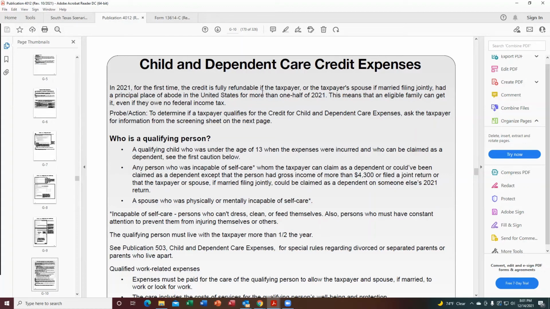But in this case, it's fully refundable. If the taxpayer or spouse, if married filing jointly, had a principal place of abode in the United States for more than half of the year, an eligible family can get it even if they owe no federal income tax, again, because it's now refundable.